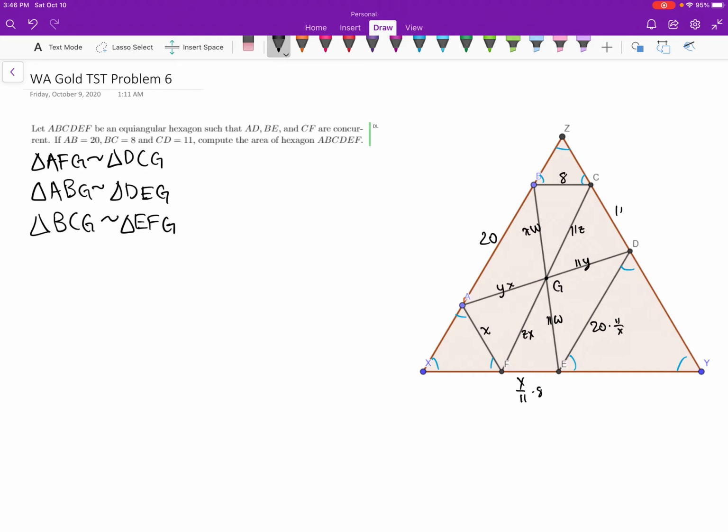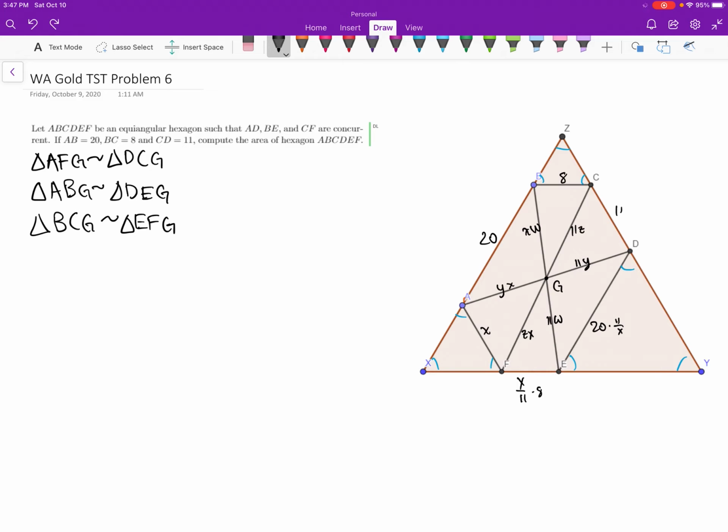But if this is x times w and this is 11 times w, we'll run into an issue. Just to confirm that this is the case, we can note that these two triangles have corresponding ratios. But the reason this arises as somewhat of a problem is because we also have this pair of similar triangles that we started with.